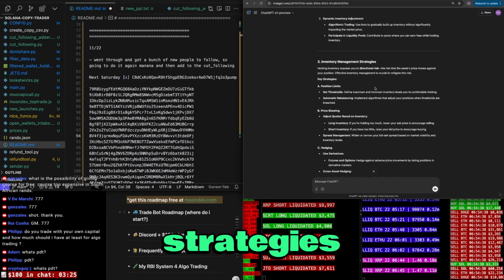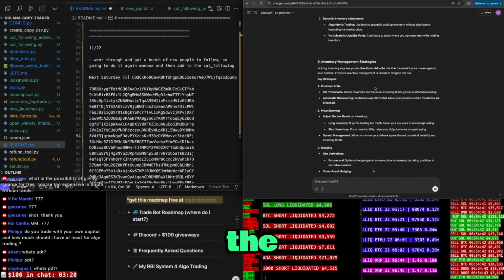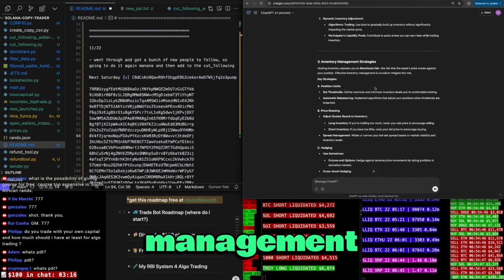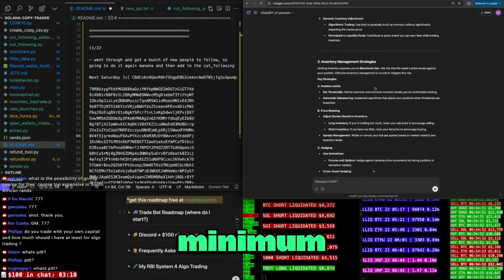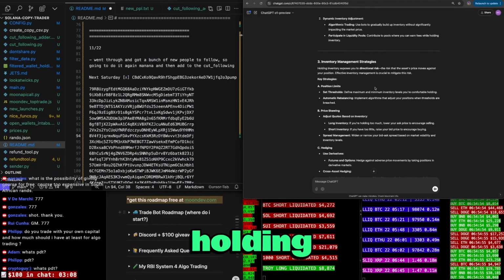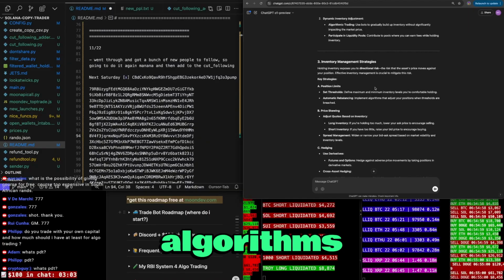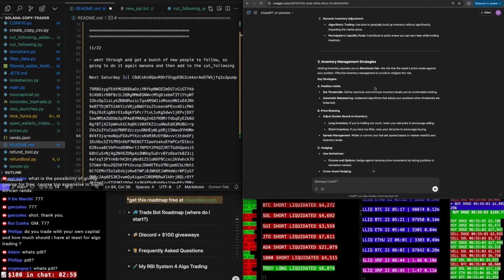Inventory management strategies. Holding inventory exposes you to directional risk, the risk that the asset's price moves against your position. Effective inventory management is crucial to mitigate this risk. Key strategies: position limits, set thresholds, define maximum and minimum inventory levels you're comfortable holding. Automatic rebalancing, implement algorithms that adjust your positions when thresholds are breached.